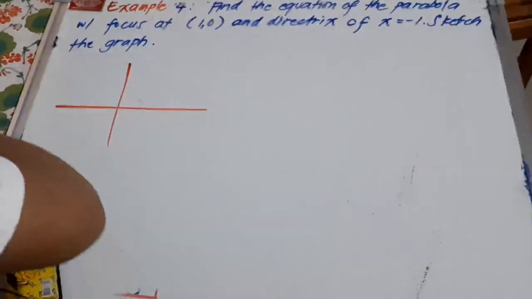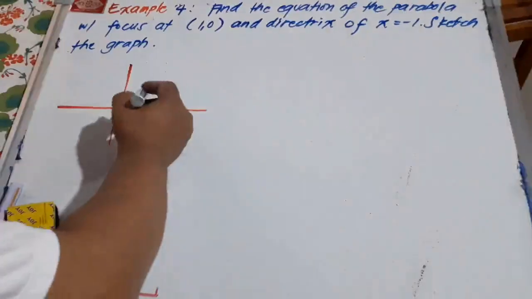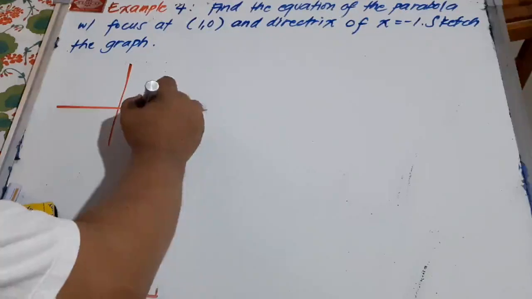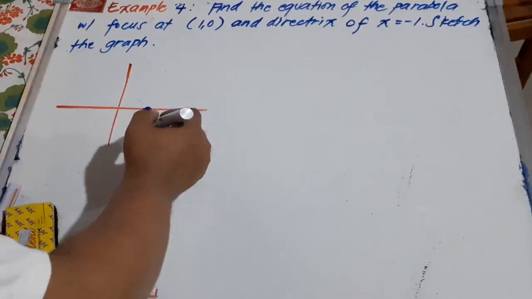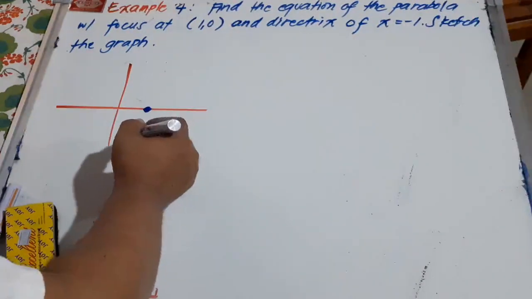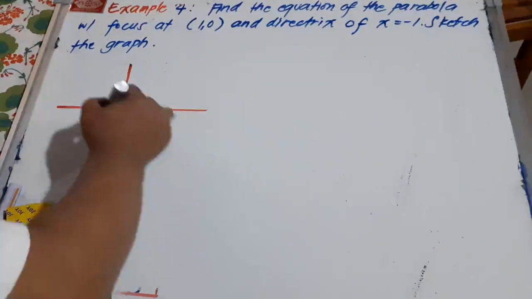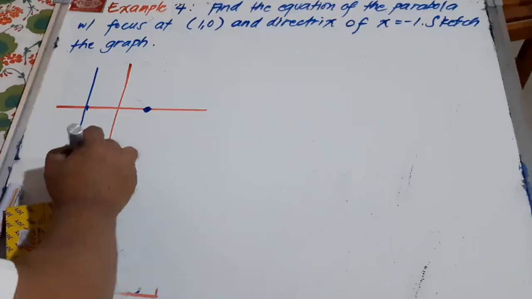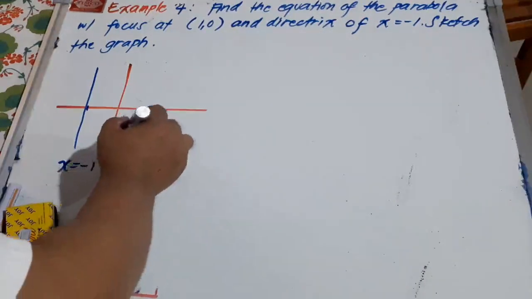So, yung parabola natin ay ang focus natin ay nasa 1, 0. So, let's say this is 1. So, naandito yung focus. Okay? And then, yung ating directrix, negative 1. So, ito, ang negative 1. So, naandito yung ating directrix. X equals negative 1.